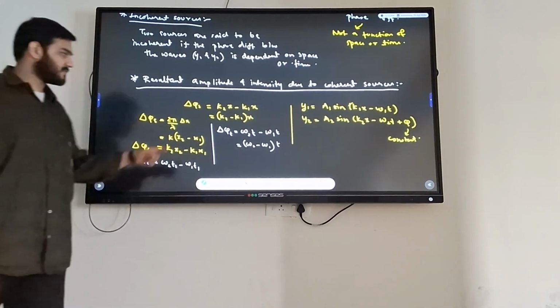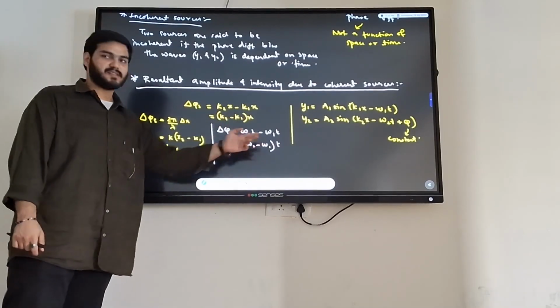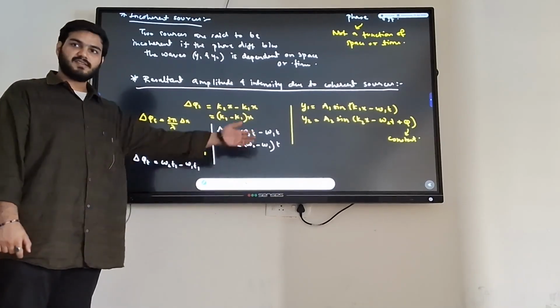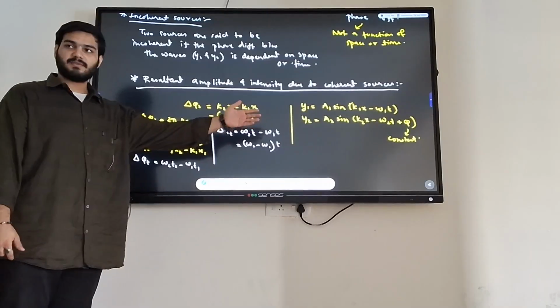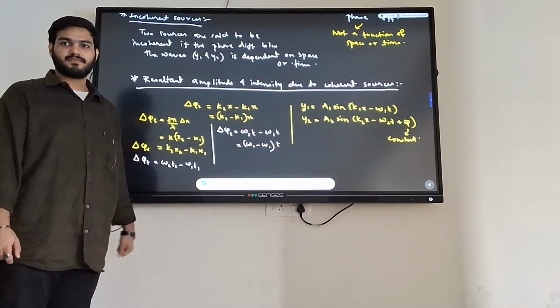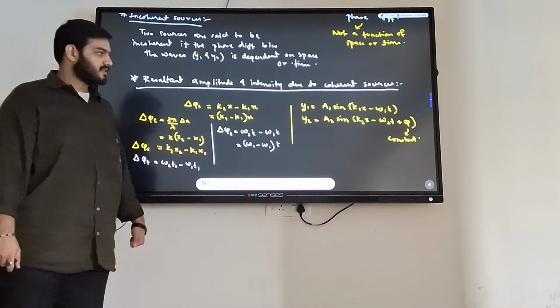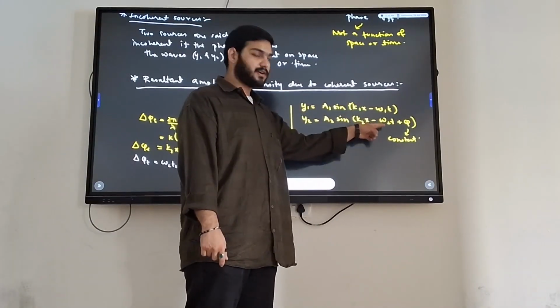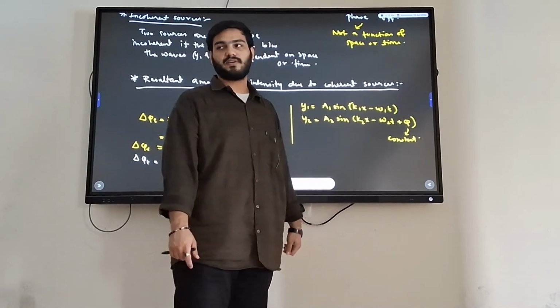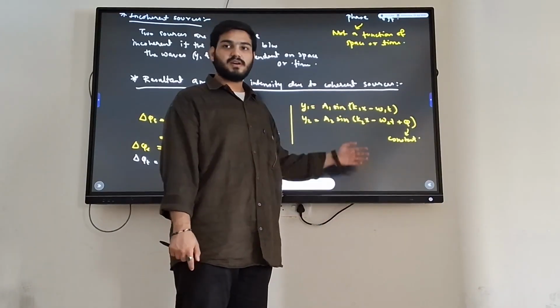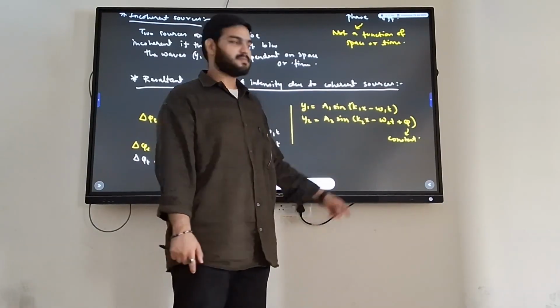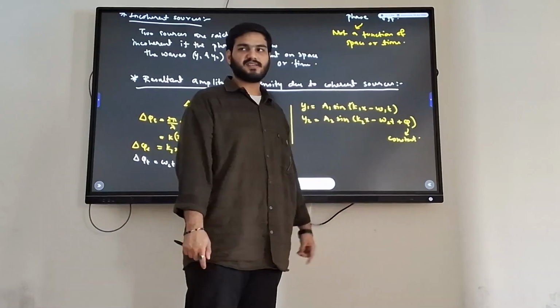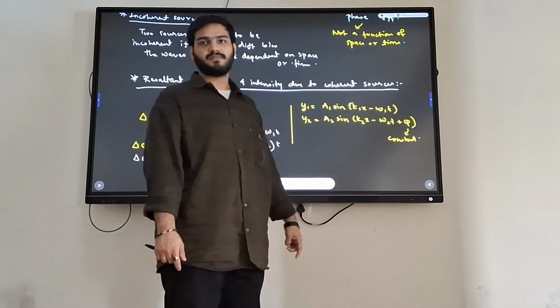So that means you have a phase which is dependent on space as well as on time. So are these coming from coherent sources? No. So when you have k1 and k2 to be different and omega 1 and omega 2 to be different, then you can't have a coherent source. That means these two are coming from incoherent sources. Just because the initial phase is a constant doesn't mean there is a coherent source.